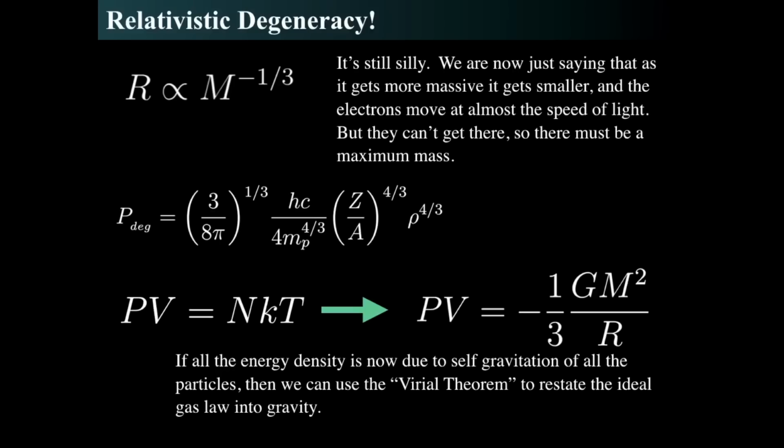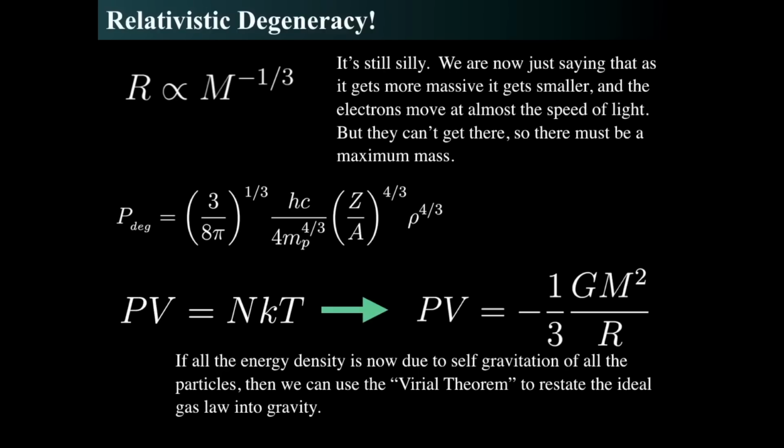So we can go back to inform us of what to think about with the ideal gas law, and say if the pressure times the volume equals the self-gravitational energy, which is what the green arrow is trying to indicate to us, we say the average pressure of a star times the average volume of a star is equal to the self-gravitational energy, which would be GM squared over the radius of the star.